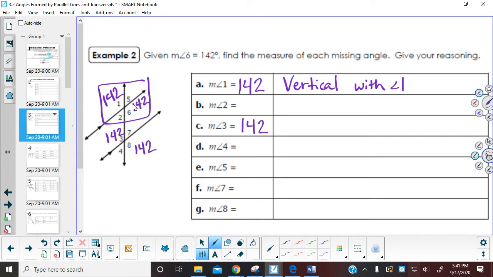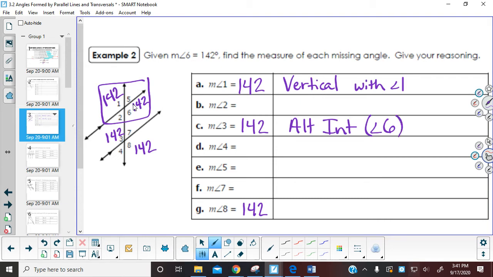Our reasoning for these, when we look at the right-hand side of this table, this can vary. So for example, angle 1 and angle 3, those are corresponding angles. However, 3 and 6 are alternate interior angles. So it doesn't matter how you connect them. What matters is that you connect it to something you already know. So for this one, I can put alternate interior angle with 6.